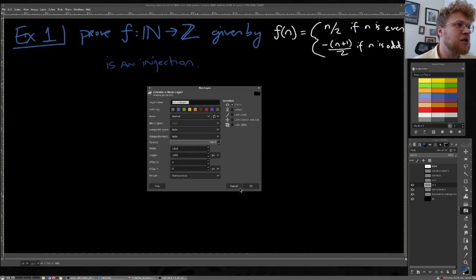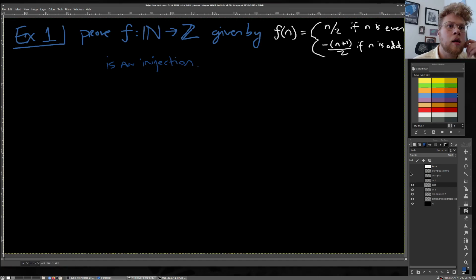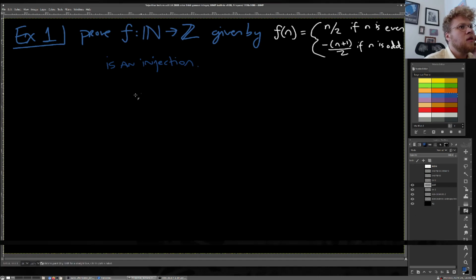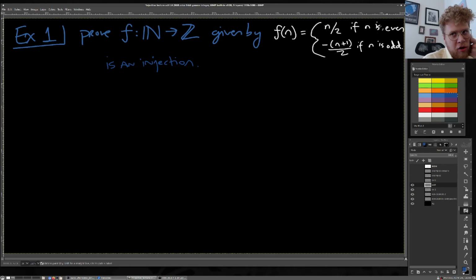So before we get started, I do want to say this. Because this is a little bit complicated, we should prove that this function is actually well-defined. And by well-defined, I mean it is a function.